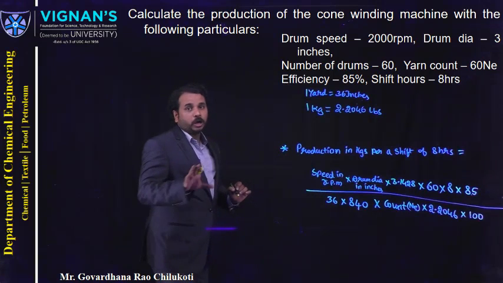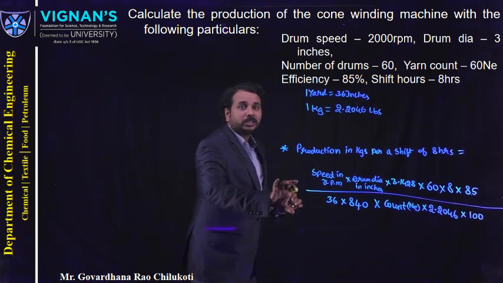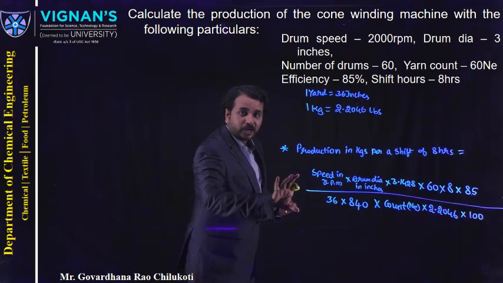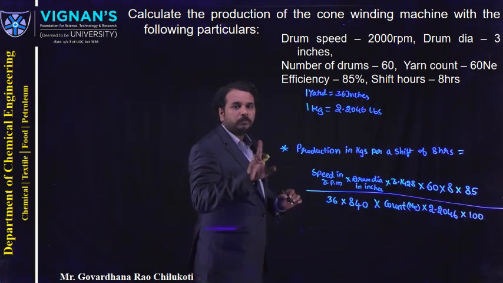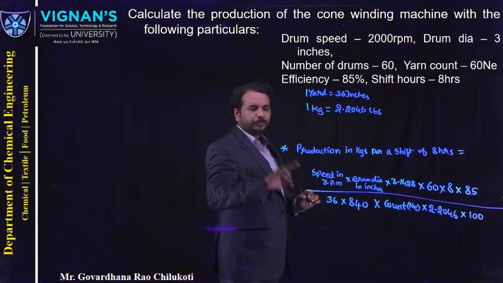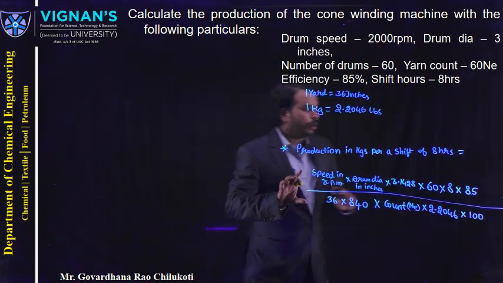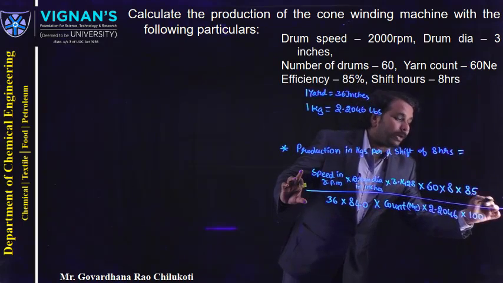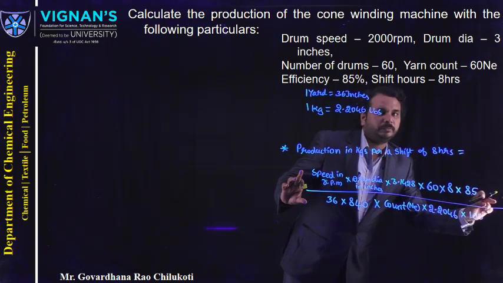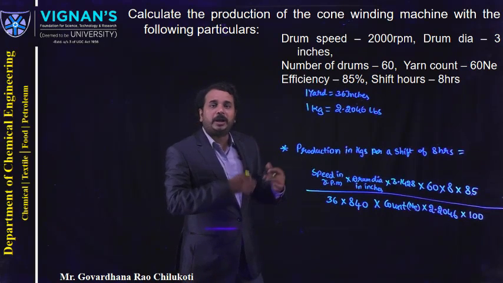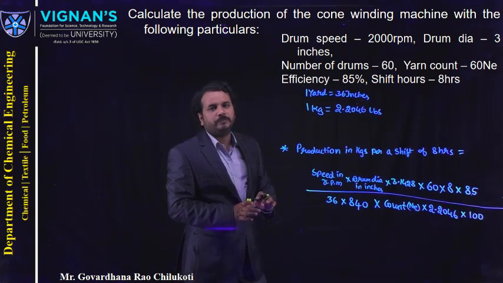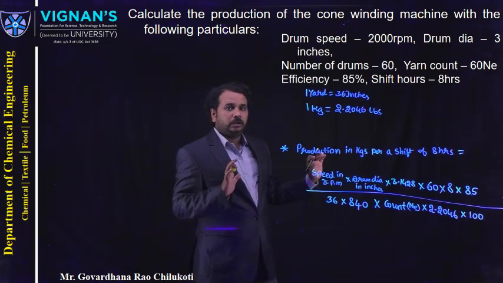Now this is the production calculation for a winding drum per 1 drum. To calculate per 60 drums, whatever production we got, multiply by 60 and you will get the total machine production.